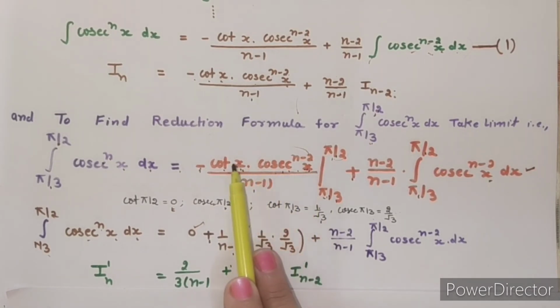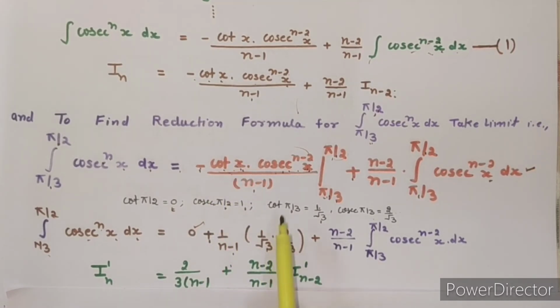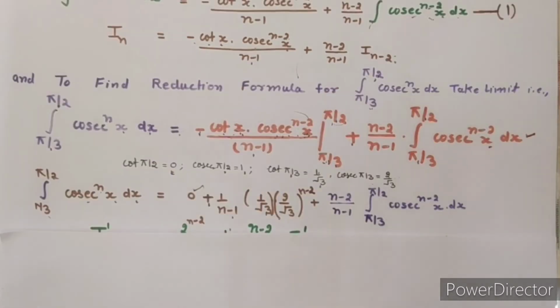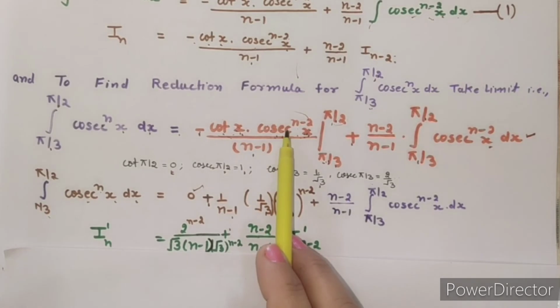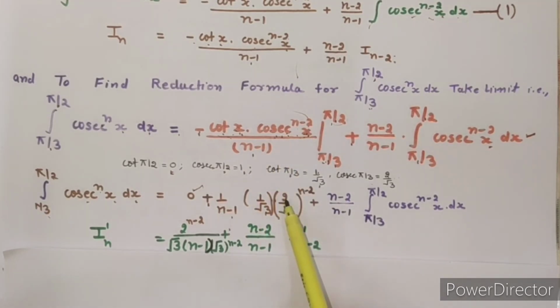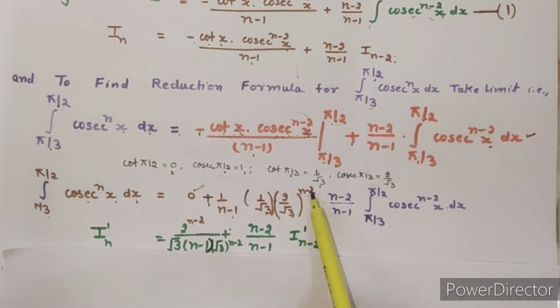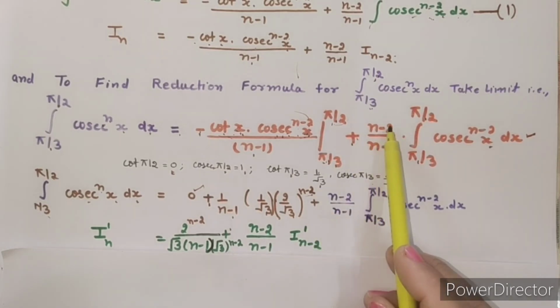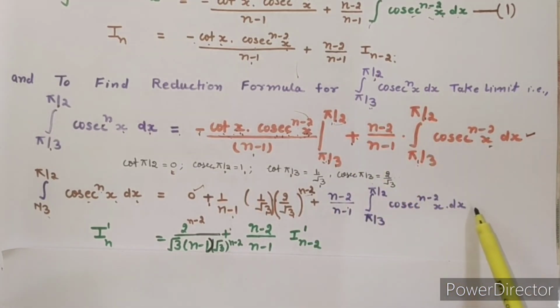Now I am putting the lower limit: cot pi by 3 is 1 by under root 3 into cosecant pi by 3, the whole power n minus 2. So here the power will be n minus 2, so this is 2 by under root 3 to the power n minus 2, plus sign, this term as it is, this limit is as it is. Okay, now simplify 1 over n minus 1, I wrote it here.